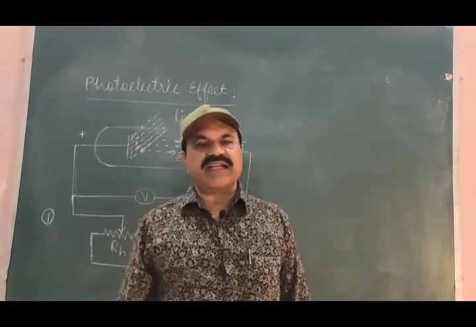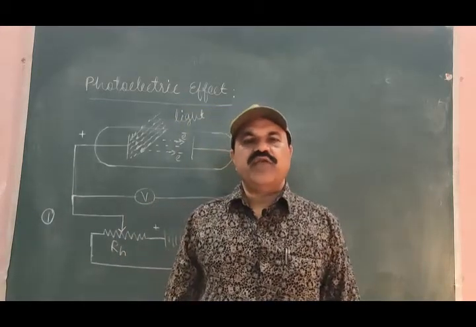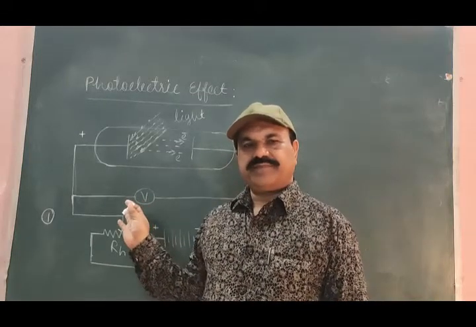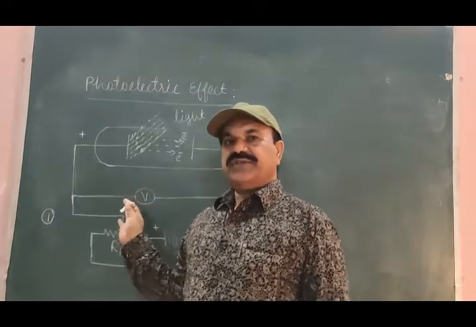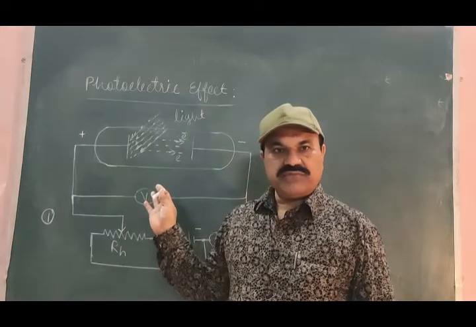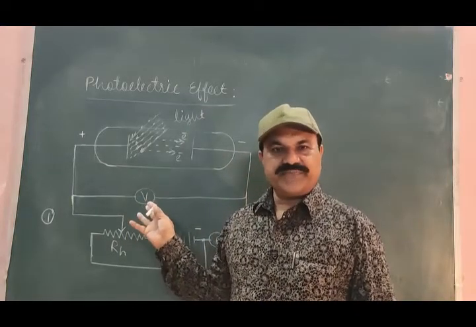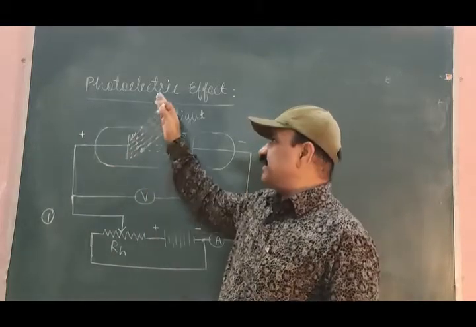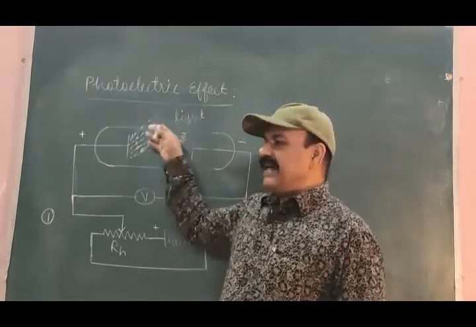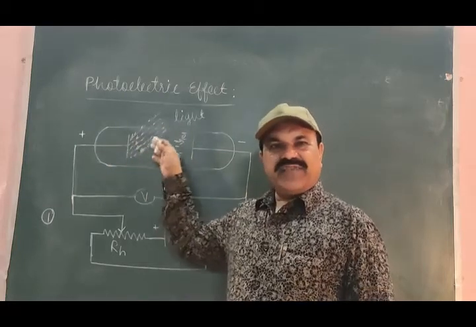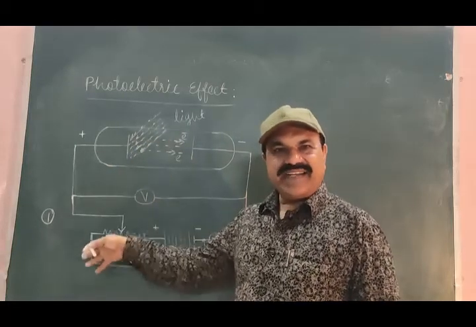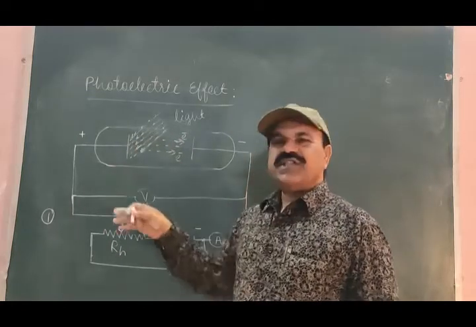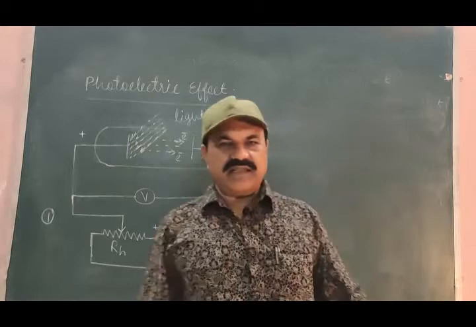The circuit diagram needed to study photoelectric effect is shown in figure 1. Of course, in this figure I have not shown the optical filters. Assume that optical filters are placed here, and a light of particular frequency is falling continuously on this metal surface. Let us come to this figure.